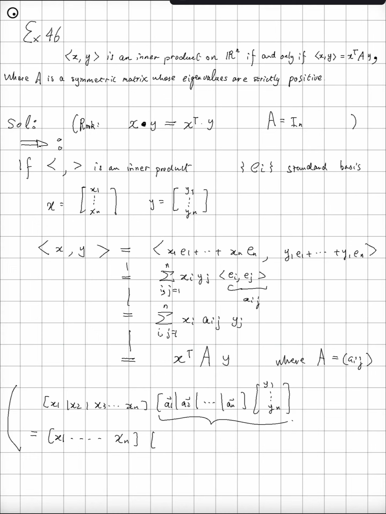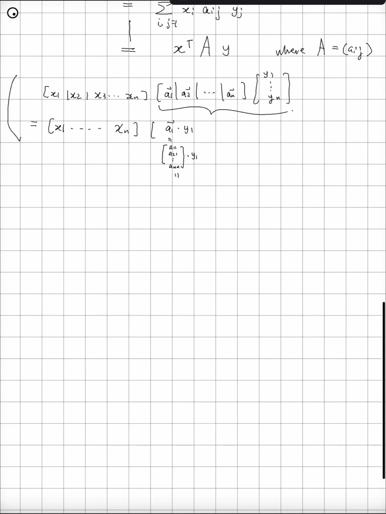Think of it like scalar multiplication: y1 multiplies every entry of this A1. So A1 is basically a_11, a_21, through a_n1. If you multiply inside, what you get would be a_11 y1, a_21 y1, through a_n1 y1.